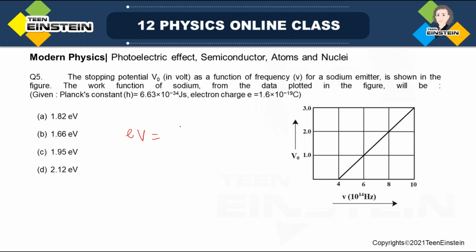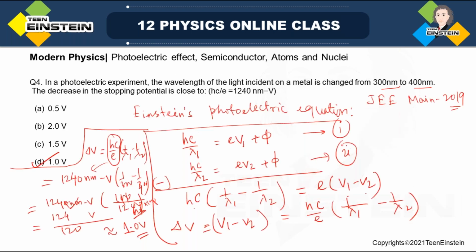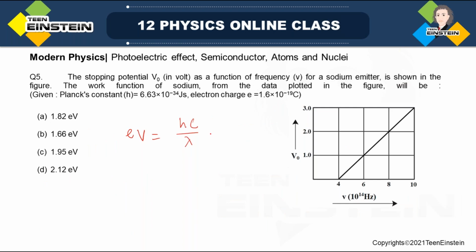Stopping potential: eV is equal to hc by lambda minus phi, where phi is the work function. So this can be written as V equals h nu by e minus phi by e.